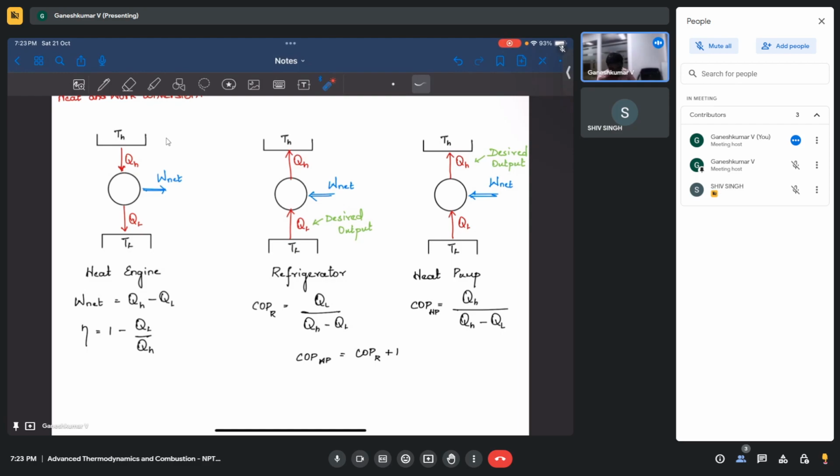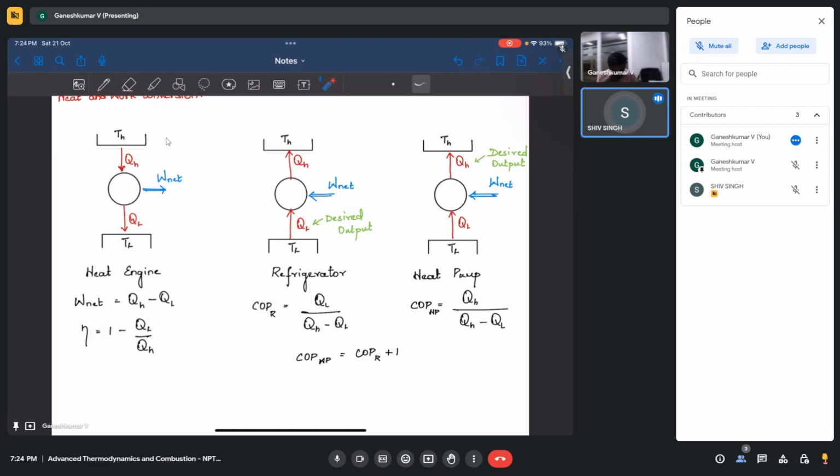Or if you talk in terms of a heat engine, if you use a Carnot cycle, that is the highest efficiency you will get, because the Carnot cycle is a reversible cycle. And for that reversible engine, you can replace QL and QH in terms of TL and TH, only if it is a reversible engine.